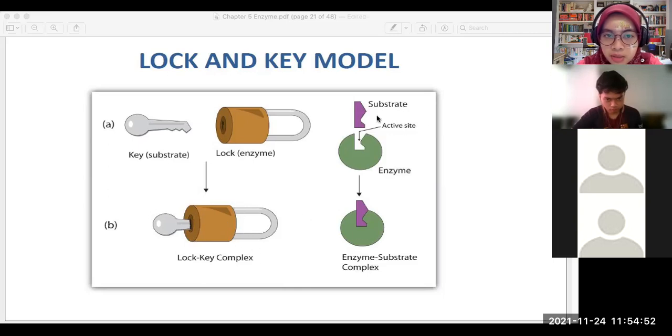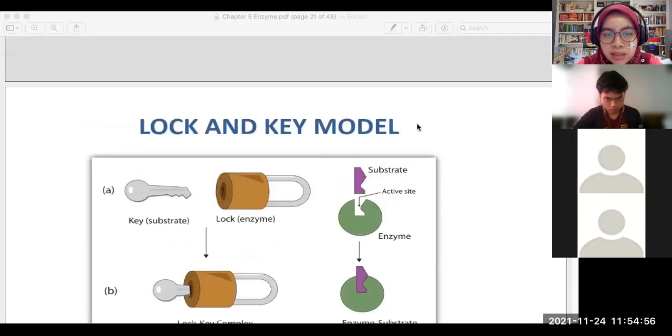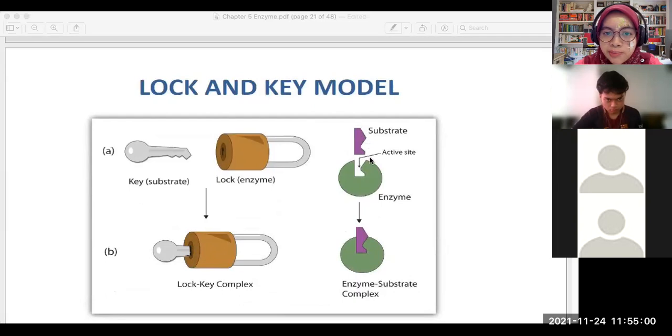Okay, so in exams, if you are asked to explain the lock and key model, always explain how the lock and key represent the enzyme and substrate. Don't only mention that the key is inserted into the lock and forms a lock-key complex, or you may only get half of the marks.